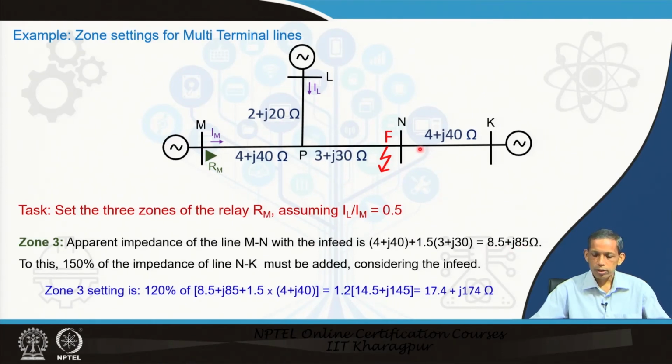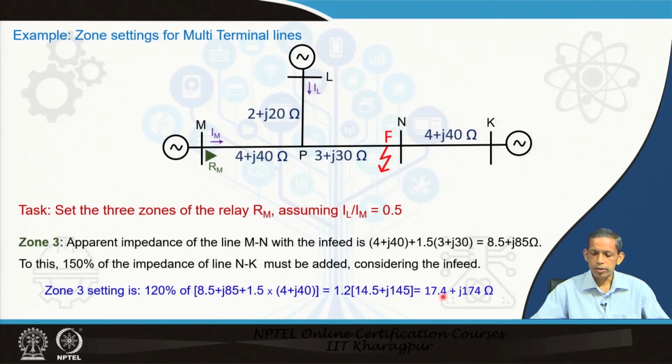Now, for this section also, because zone 3 has to back up section NK also. So, for any fault here, the corresponding infeed current will also flow. Therefore, we will consider the corresponding settings of 8.5 plus j85 up to this N point, and from N to K, 4 plus j40 with 1.5 times consideration of infeed, and 120% of that.